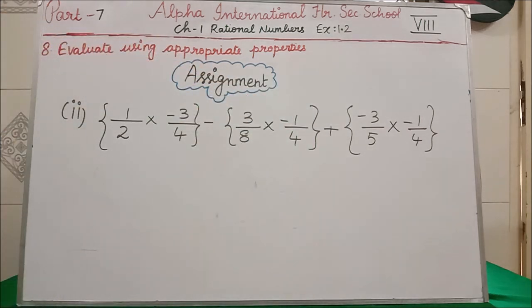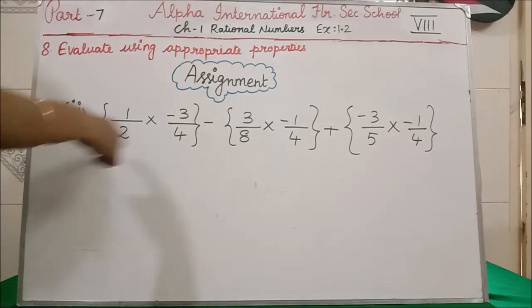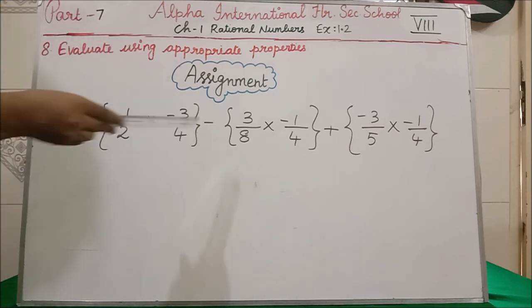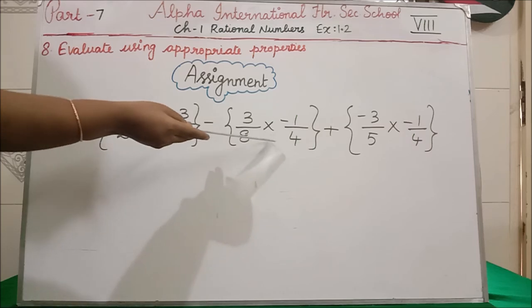So where is it repeated? Here. So what you are going to do is write the full question. After writing the full question, put equal to. After equal to, you write this as the first term, minus 3 by 5 into minus 1 by 4. Write that. Then next, this term we are going to write.